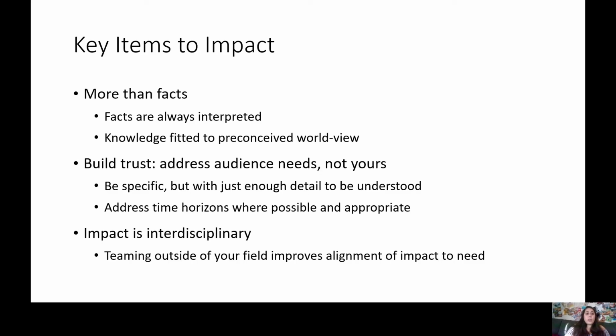Facts are always going to be interpreted however people see them, which is why it's very helpful to be specific. Again, relate to people why this is important to them and what they will get out of this in the long run. But you don't want people to get lost in the jargon. You don't want people to start reading your paper, not know half the words, and put the paper down, because that will ultimately not help in the end.